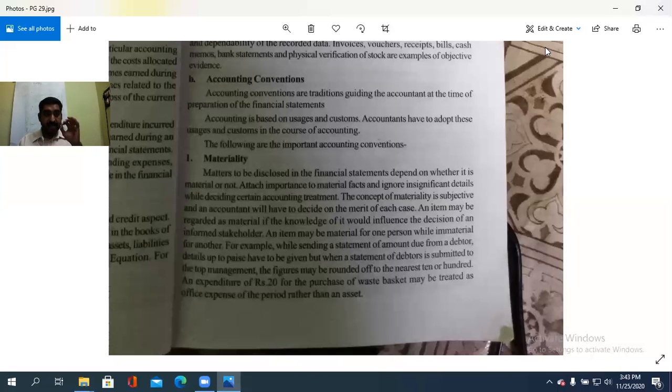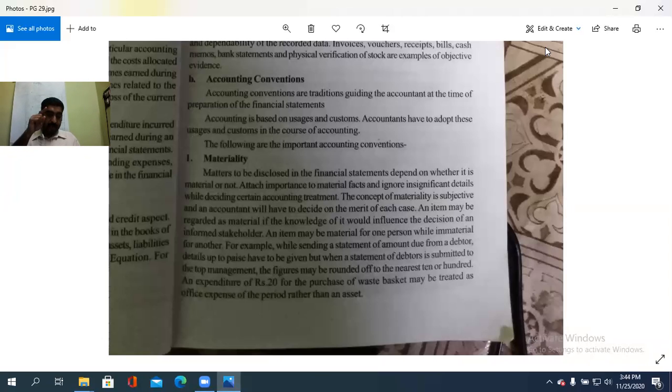So we need to give the exact details, even fils or paise, entered in it. Because fils to fils, paise to paise, it should be matched. At the same time, when we are giving the information to the higher authorities, maybe we are ignoring the paise.